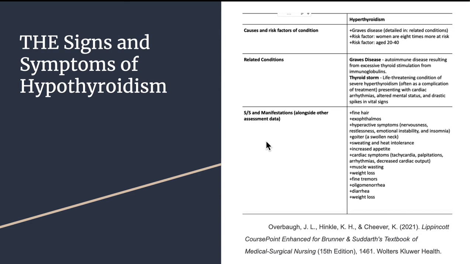So just going down the list, fine hair, exophthalmos, hyperactive symptoms. So I think this one especially makes sense in the context of a fast metabolism. So restlessness, emotional instability, insomnia, nervousness.